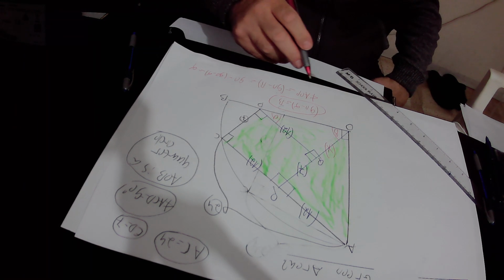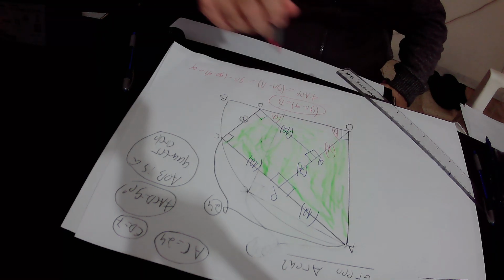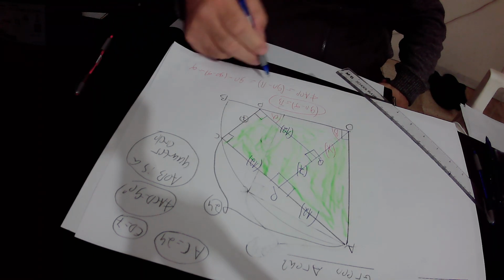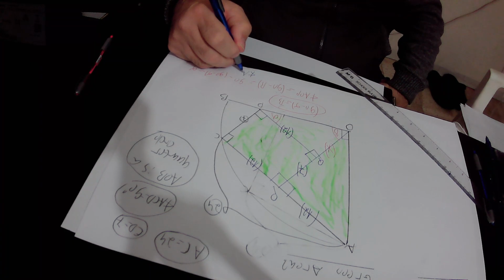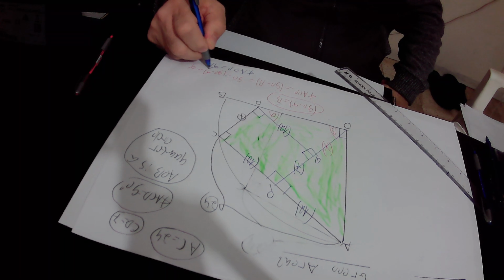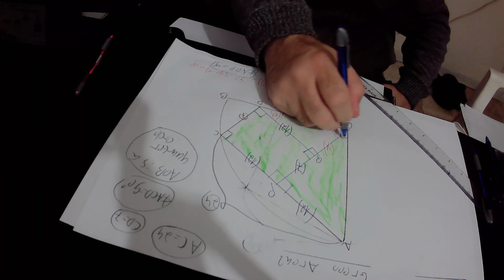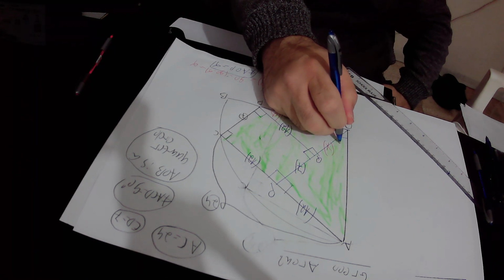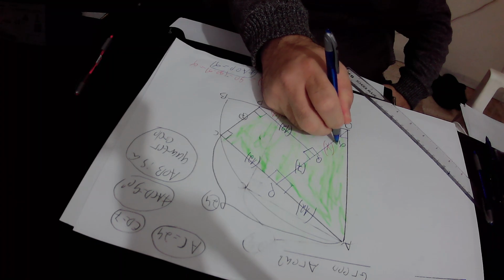That is to say, the missing angle here, angle AOP, is equal to alpha.